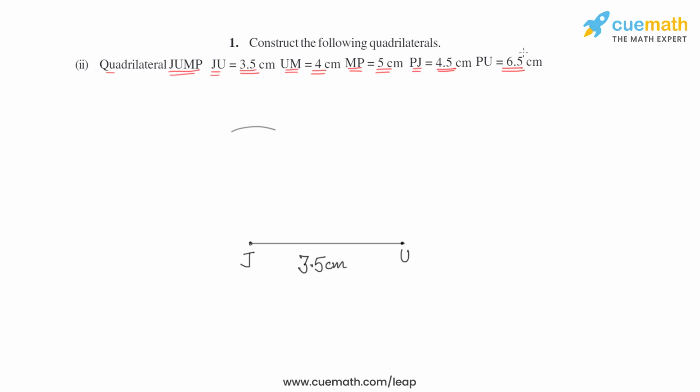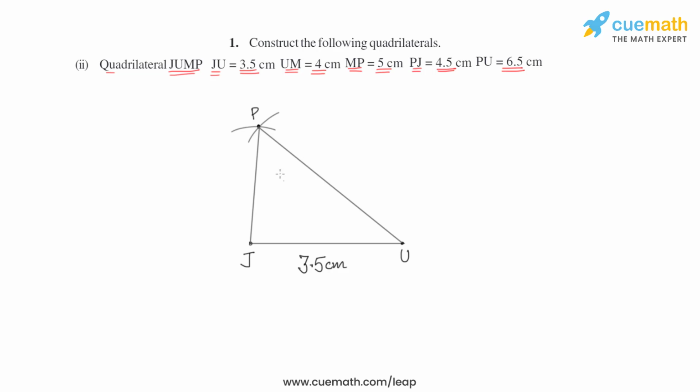Then PU is 6.5. So taking U as center and a radius of 6.5, we draw an arc like this. The intersection point will be point P. So we join PJ and PU.